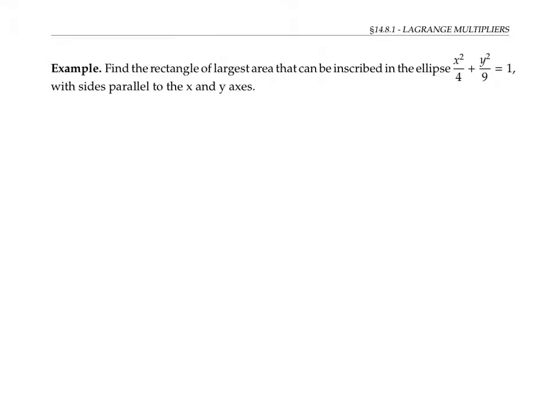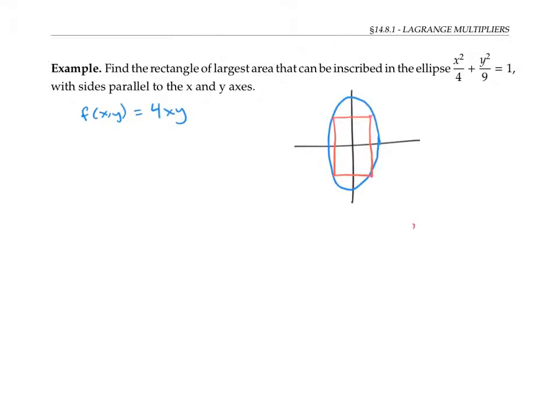Let's get back to our original example. Remember that our maximization function for area was 4xy, where x and y represent the coordinates of the upper right corner of our rectangle. And our constraint condition was given by g of x, y equals 1, where g of x, y is x squared over 4 plus y squared over 9. We need to set up the three equations.